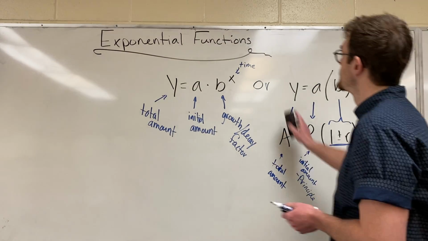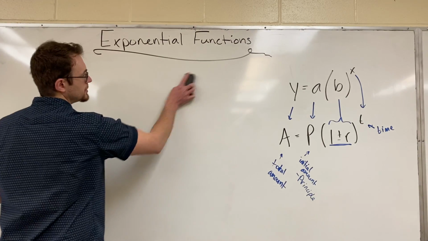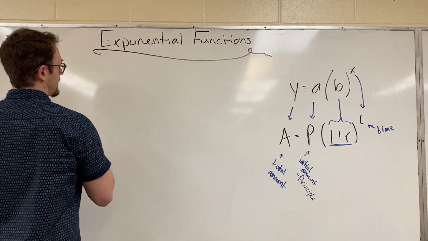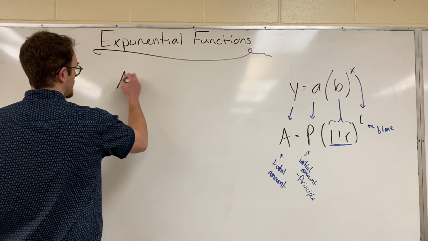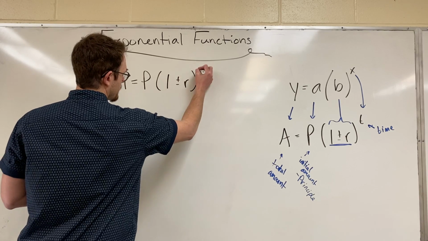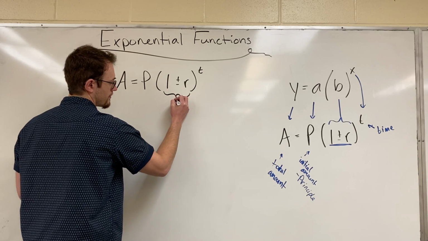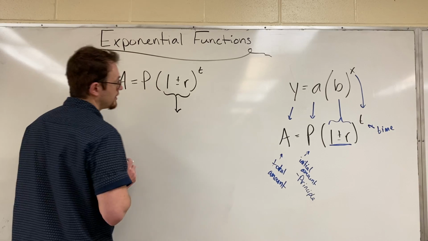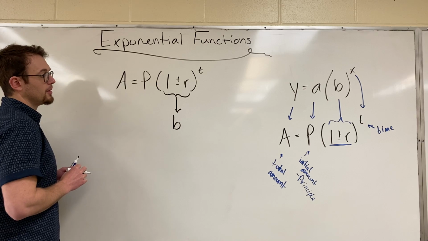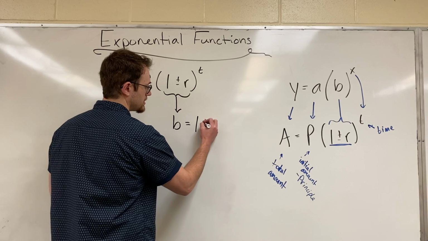So, let's erase some stuff. Let's get rid of this. Don't care about this anymore. I mean, I do still care about it, but not for the rest of this video. So, if I have A equals P(1 plus minus r), this, all right, this is B, but it's written in a different form, so B is equal to 1 plus or minus r.